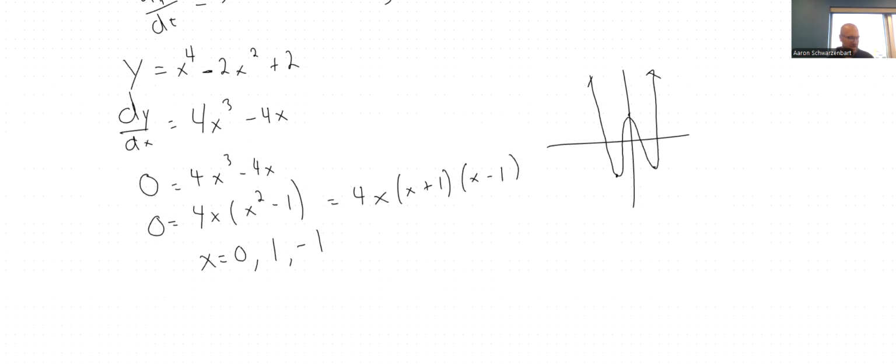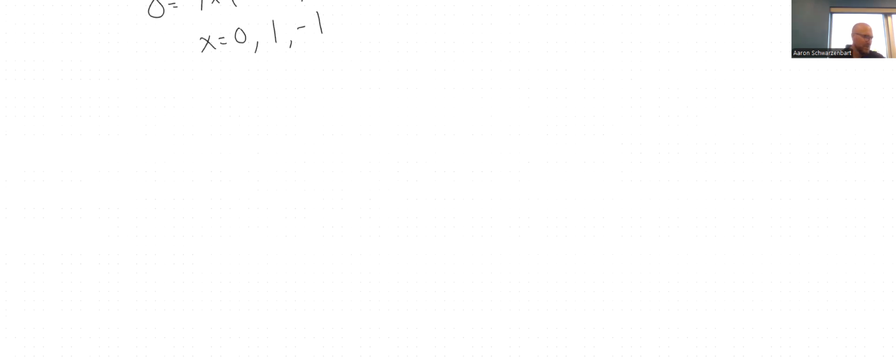Eventually, we'll add some extra things and actually sketch a curve by hand. The product rule.